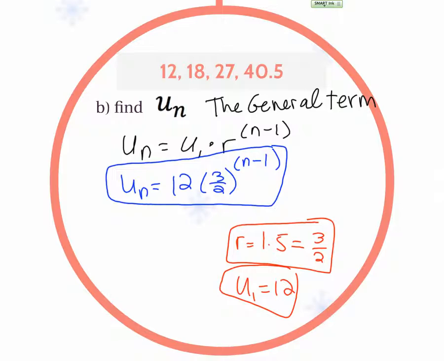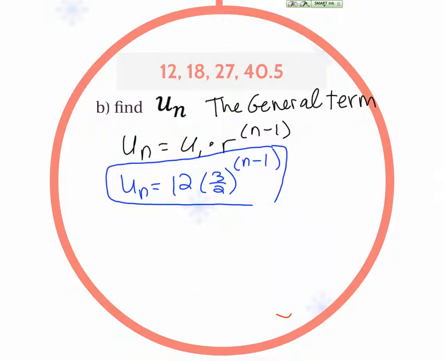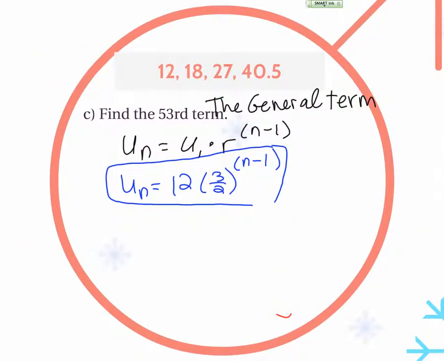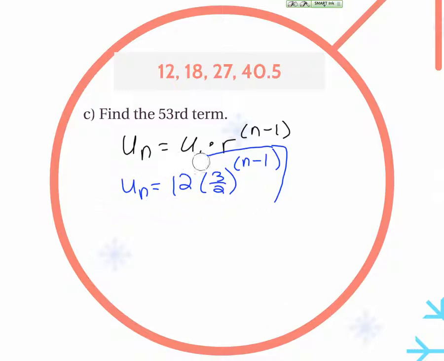So, one last problem with this same sequence, and that is to find the 53rd term. So, like we talked about before, you've got 2 options. You can use your original formula that I have up here in black and plug everything in.